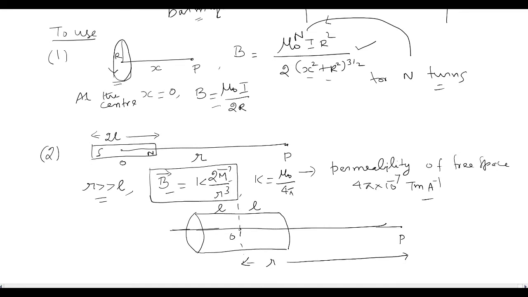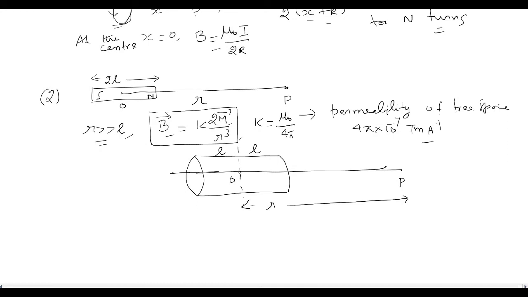We will find the magnetic field at P due to the solenoid and prove that it is equal to this, which is the bar magnet case. So how do you get the magnetic field at P in the case of a solenoid?